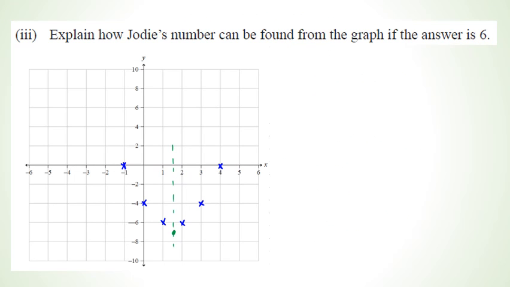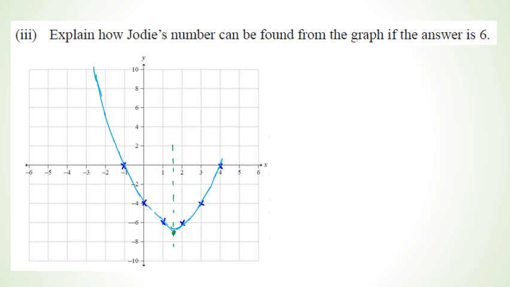With this question, they're saying, explain how Jody's number can be found from the graph if the answer is 6. Okay, now let's say we have this graph and we are to carry it on. We know it's going to be a parabola, right? So we know that the graph is going to look something like this.